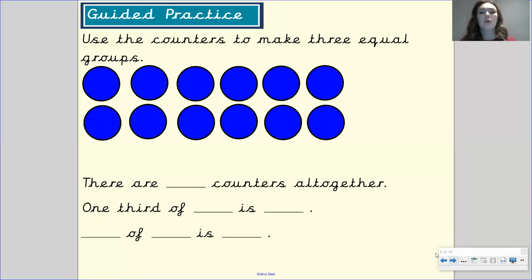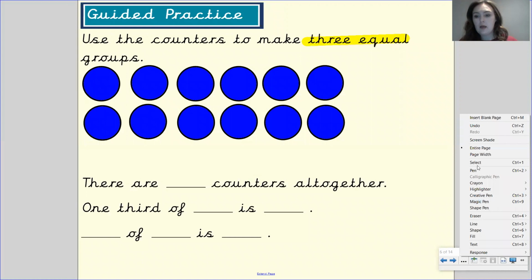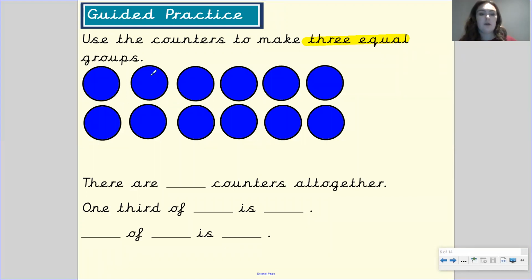Okay, so we're going to use the counters to make 3 equal groups. Now what we're going to do is we're going to have 3 circles and we're going to share the amount of counters we have into those 3 circles.